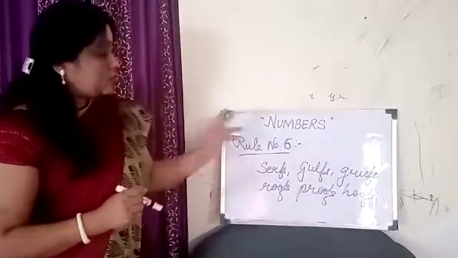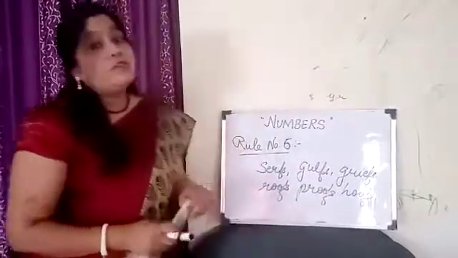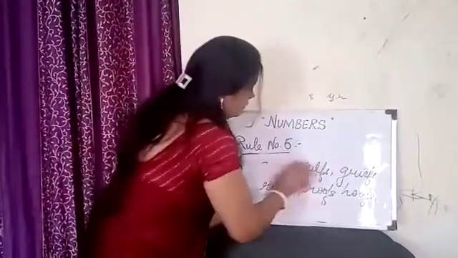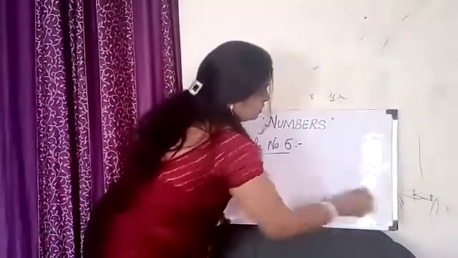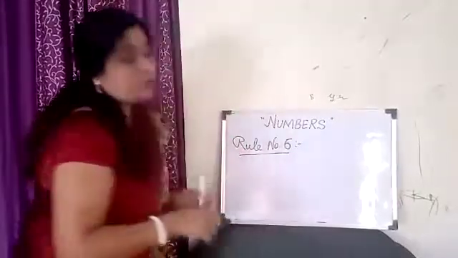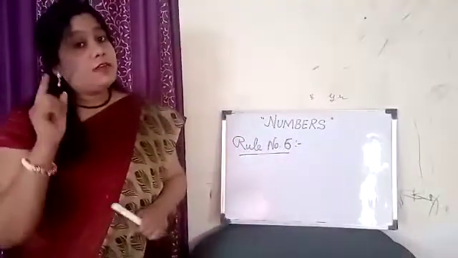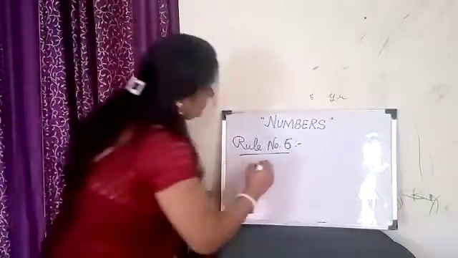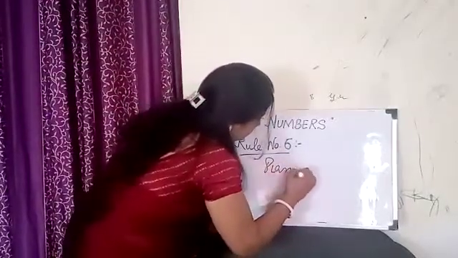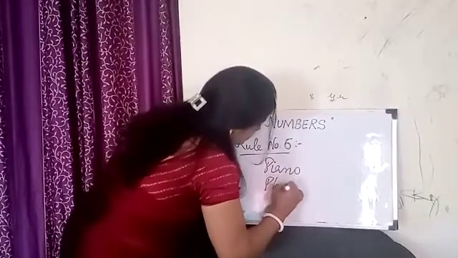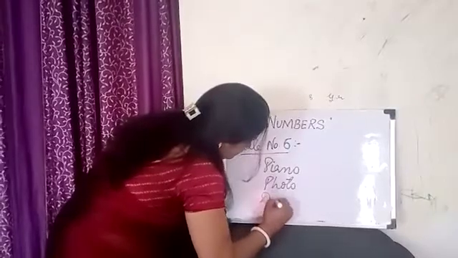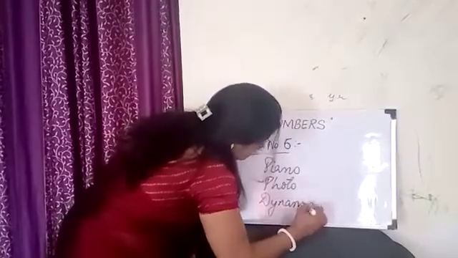Similarly, in rule number 6, we add es to words ending with o and having a consonant before o. There are certain nouns which do not follow this rule either. They have o at the end of the word with a consonant before it, like piano, photo, dynamo.